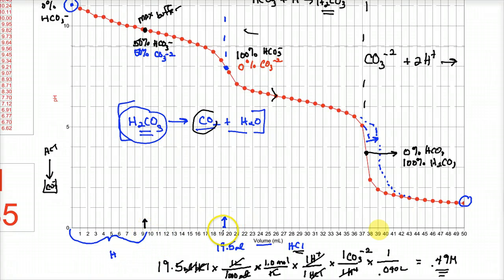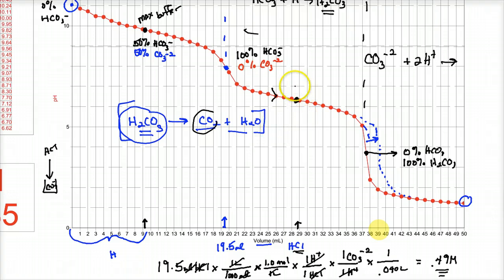And you guessed it, our max buffering position should be somewhere around 9.25 greater. Trying to do my math in my head here, 19.5 plus 9 is 28, 28.8 something. So the max buffering position, if I'm not mistaken, is somewhere along this point here.